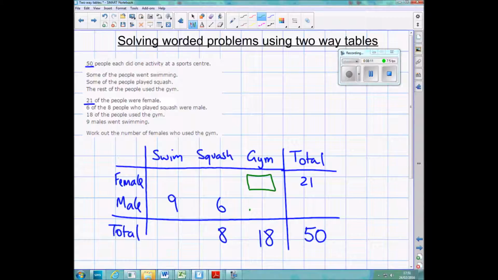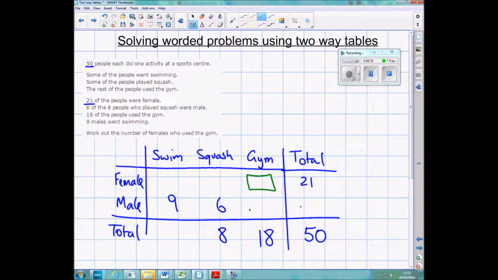In fact, what I need to do is work out this total. If I find the total number of men, then I can work out the total number of men that use the gym, and finally find the total number of women that use the gym. And I can find this because if you look at the column, I'm missing one piece of data.